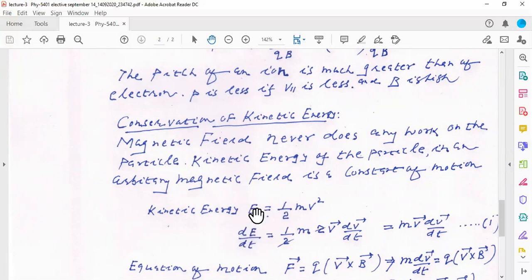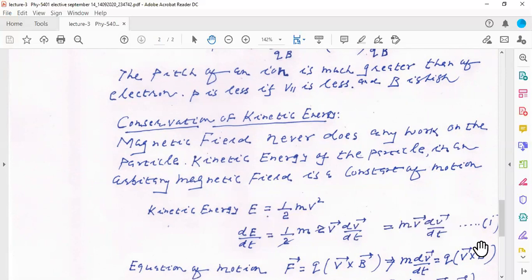I differentiate with respect to t, so it is half m, and differentiating v squared gives 2v dv by dt. The 2 and the half cancel, so it is m into v into dv by dt. Using this simple expression, one can calculate the rate of change of energy.